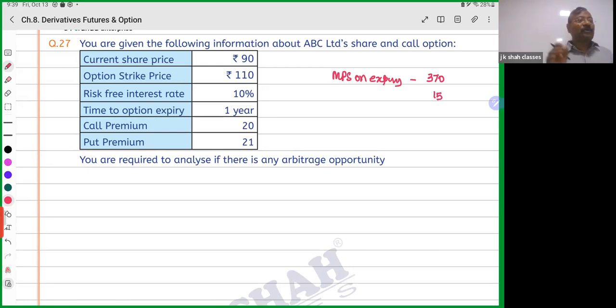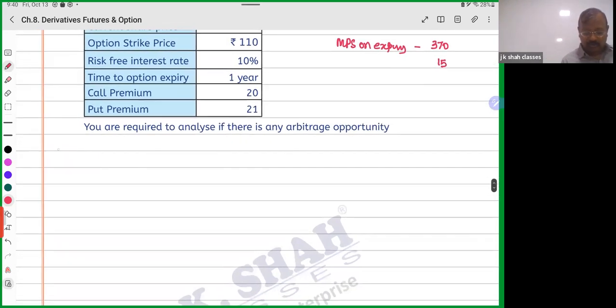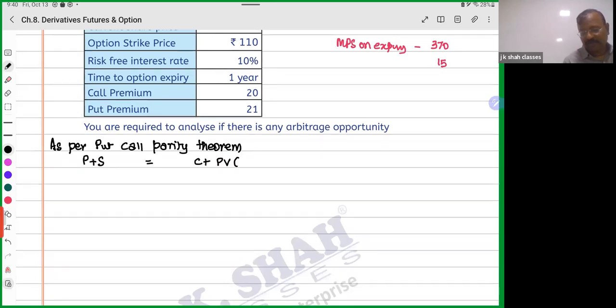First, we will put this into put call parity. As per put call parity theorem, P plus S is equals to call plus PV of X. Right?